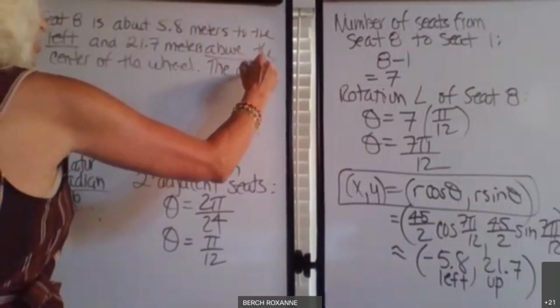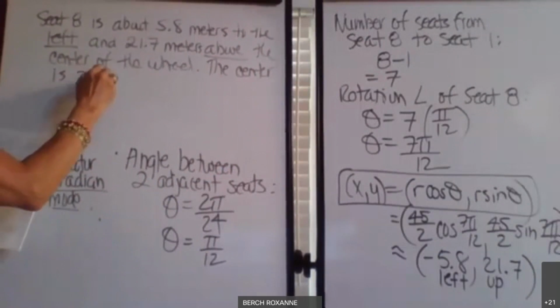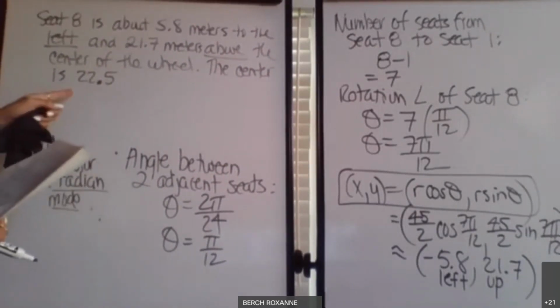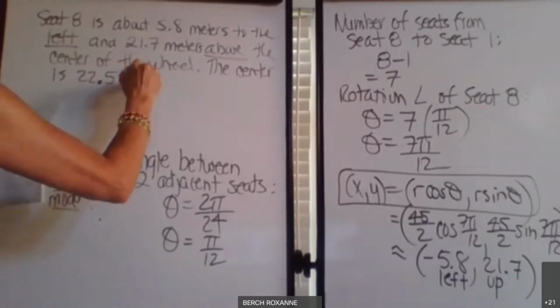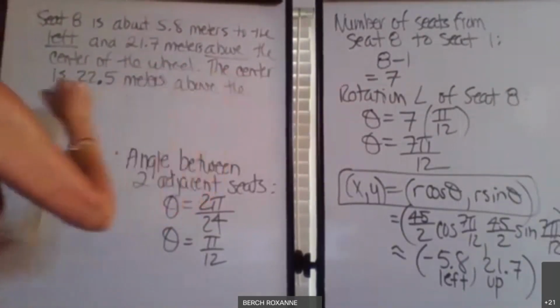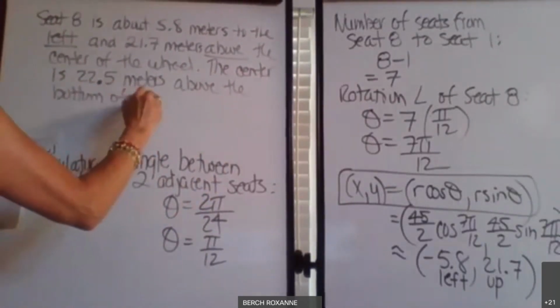Also, the center is 22.5 meters above the bottom of the wheel. So where is that number coming from? That's coming from half the diameter, right? 22.5 meters above the bottom of the wheel.